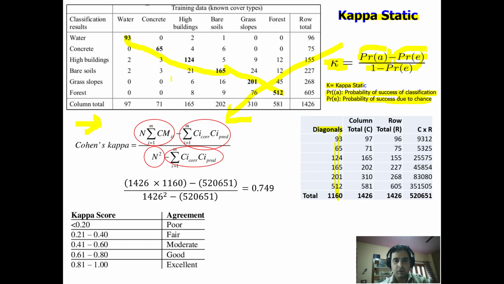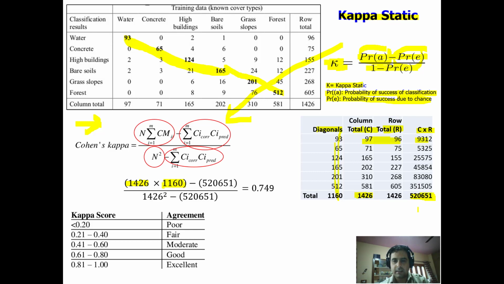So we have to multiply N, the total number of pixels, into the summation of CMii, which is nothing but the sum of correctly classified diagonal values, and we have to subtract PRE, the probability of success due to chance, which is nothing but summation of C-i-actual into C-i-predicted, which is column total and row total. We have to multiply each column total by row total and get its summation.